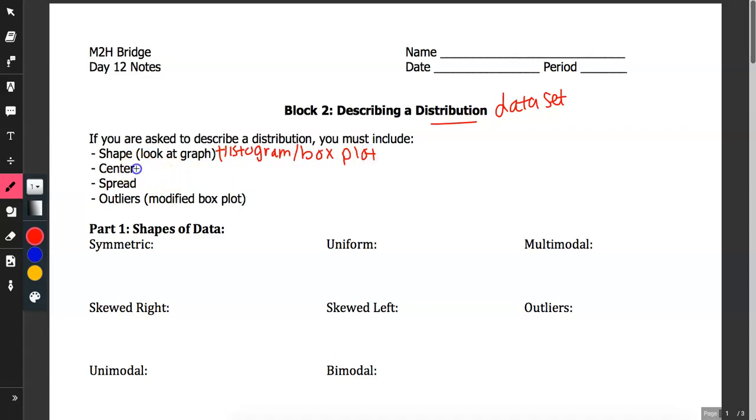The center will be the mean or the median. We don't usually report both. We'll talk about how to decide. The spread would be the range or the IQR. Again, we don't usually report both. We'll talk about how to decide. And then outliers, you look at the modified box plot to decide if there's any outliers, okay?